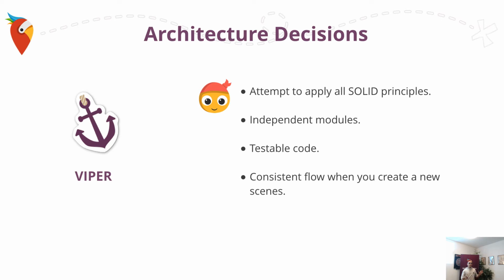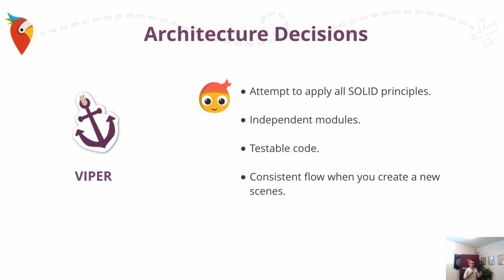So now we had a little bit like a template that we can follow, and we don't question ourselves a lot about where we should put this logic, in the presenter or the interactor or anywhere else.